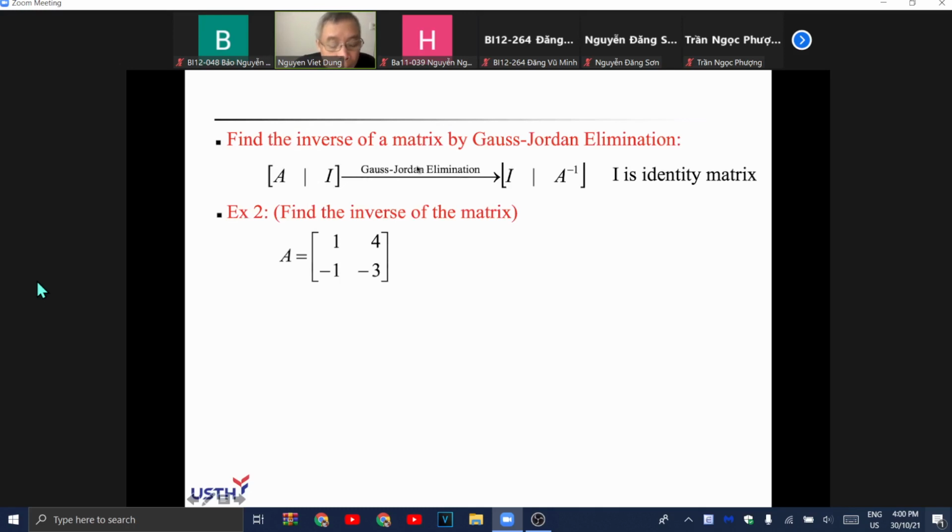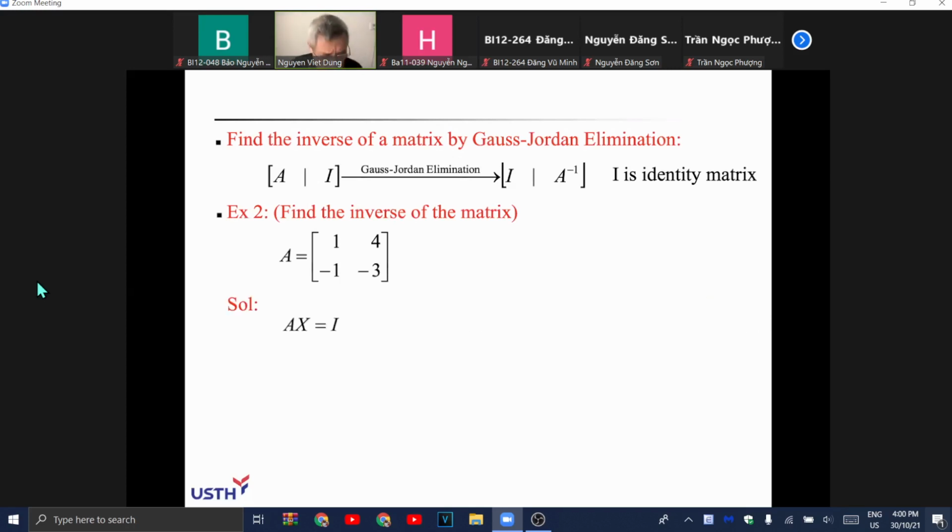Then the same procedure will transform that part into A inverse. And I repeat, here I means the identity matrix. I explain it with the example below, and you will see we do it step by step.